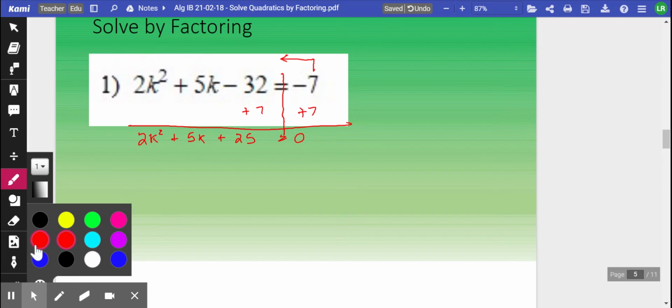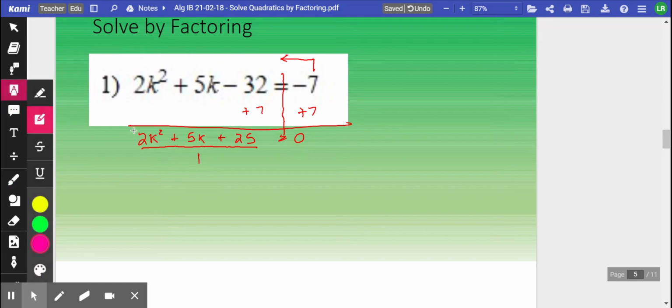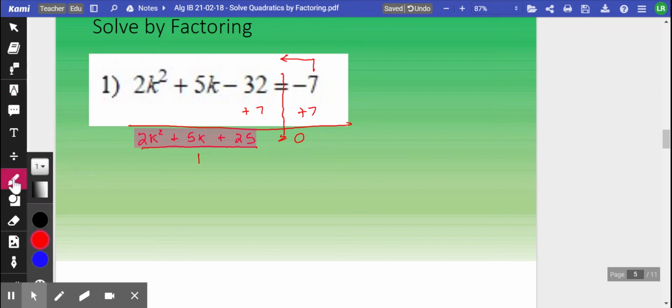Now, let's go ahead and look for something to divide out. Is there anything I can divide out of 2, 5, and 25? Nope, so it's done. I am focused on factoring this problem, just like we did on the warm-up problem. So the magic numbers multiply to be 50, add up to be 5.